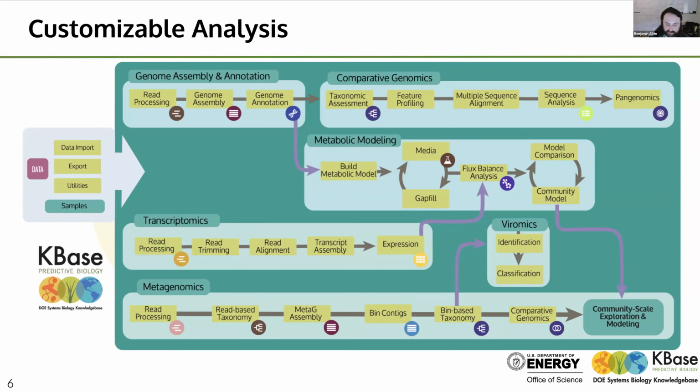So for instance, if you have an isolate organism that you have recently sequenced and you are looking to process, assemble, and annotate that, you don't have to just stop there. You can move into other pipelines such as metabolic modeling or comparative genomics, where you can compare your novel organism with other organisms, or get a sense of its metabolic potential represented within its genome.